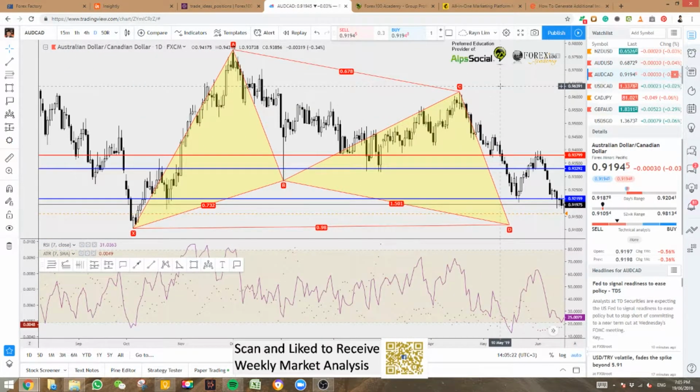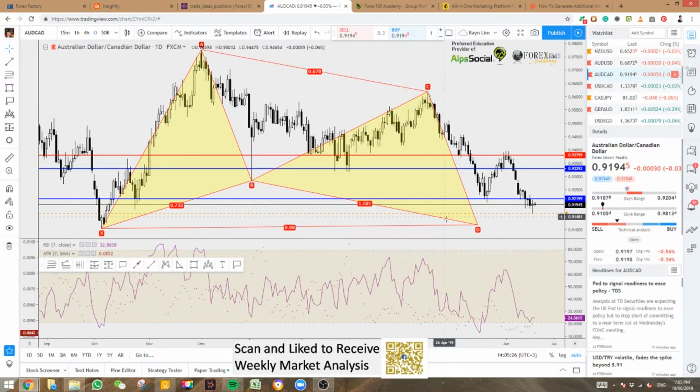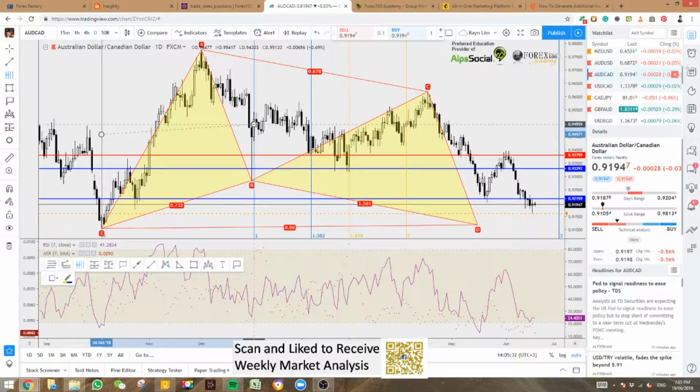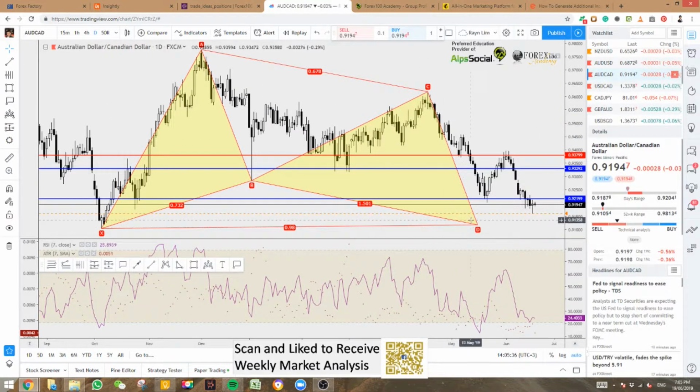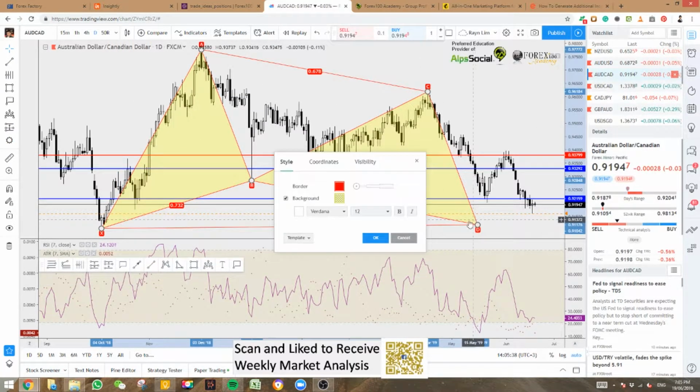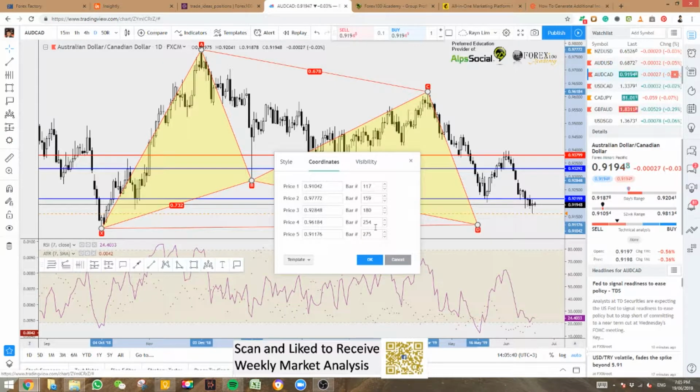Let's see what we have over here. We have a deep godly formation. All right. Let me see. So this movement has been pretty extended, but it's still valid.